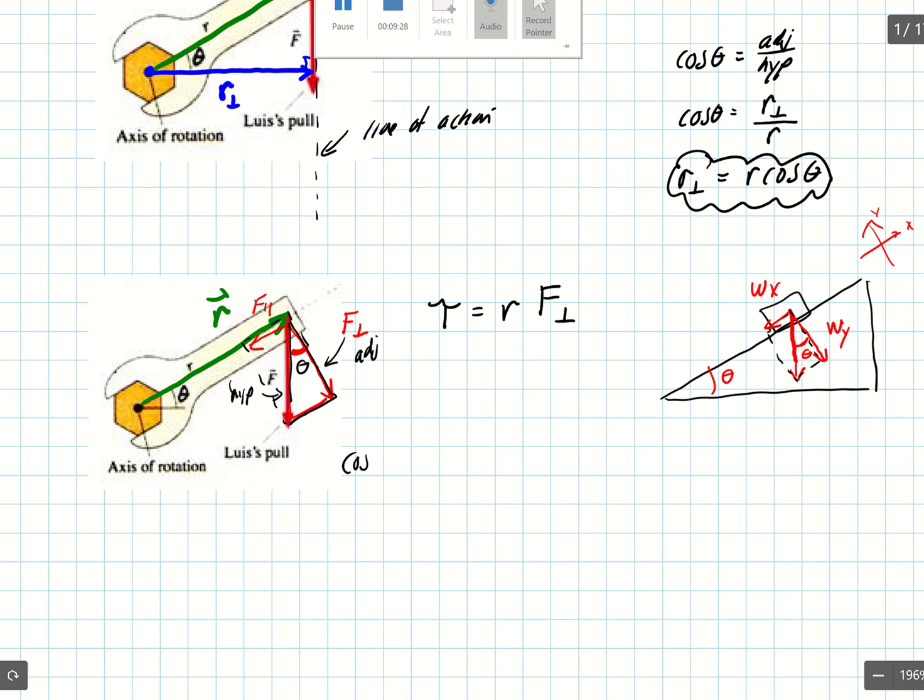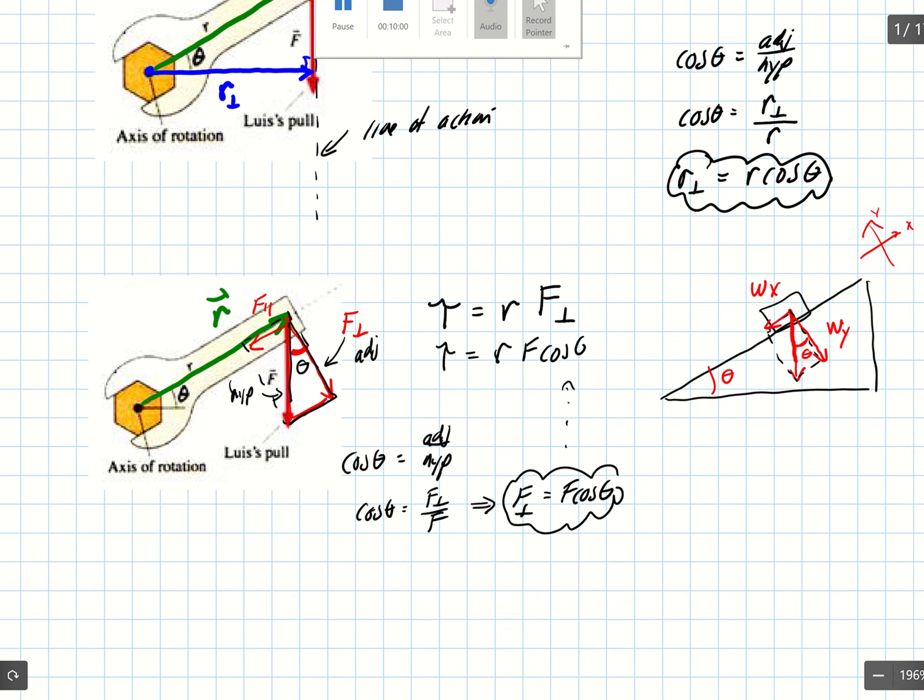And so cosine theta equals adjacent over hypotenuse, or in this case, cosine theta is F perpendicular over F. And that means, rearranging, by multiplying both sides by F, that F perpendicular is F cosine theta. So that's going to go up here. And so torque is going to be equal to R times F cosine theta.